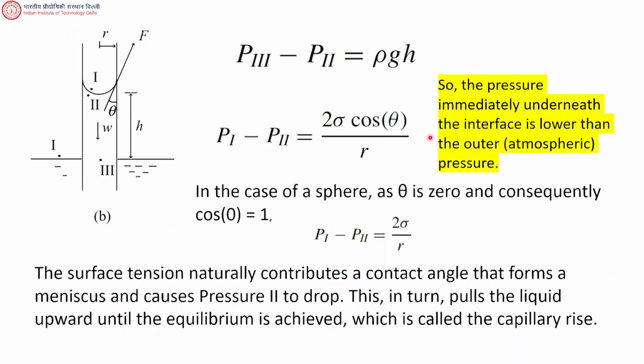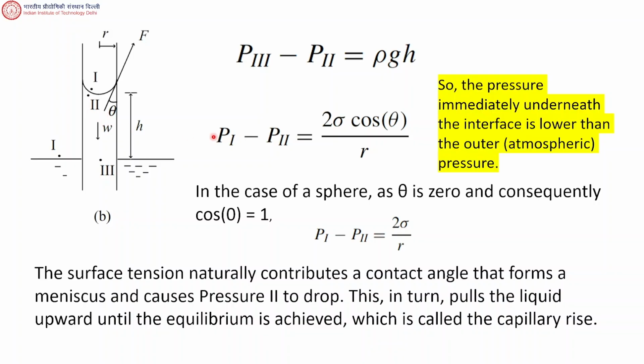So P1 minus P2 is 2 sigma cos theta by R. The pressure immediately below the interface is lower than the atmospheric pressure. Surface tension is causing the pressure to drop from P1 to P2. So this is lower pressure.